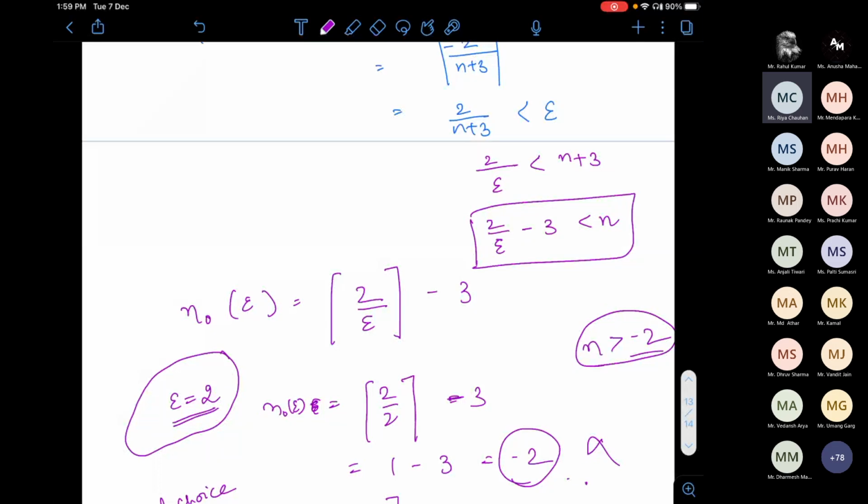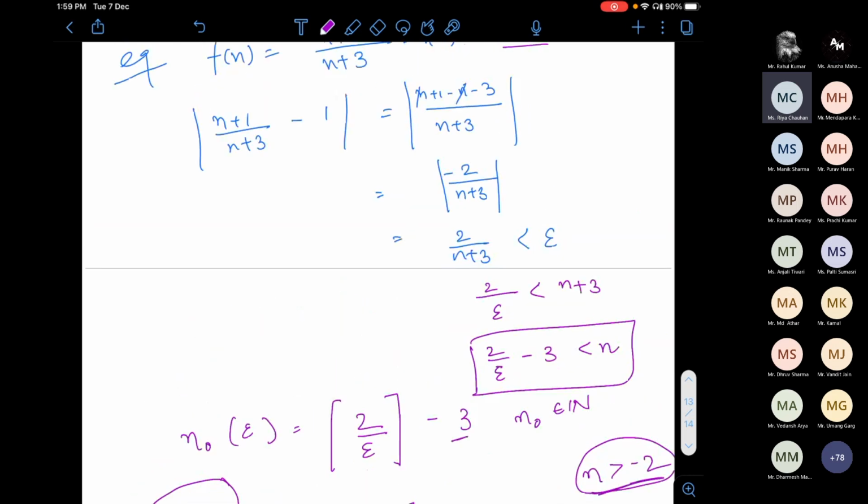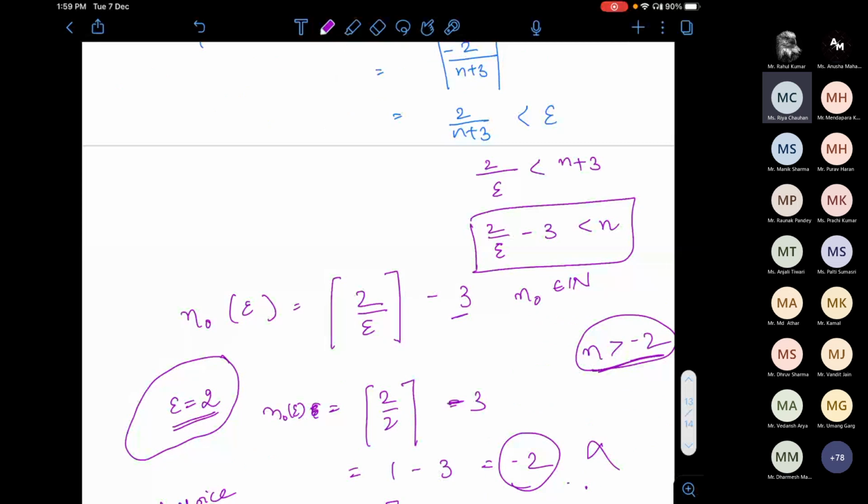But when you write this, your choice of n naught also belongs to natural numbers. So any value of n will work here, but to write some value of n naught which is a natural number, I have to take at least one, like n naught to be 1. Yes, ma'am. As n naught is the least value, we will take 1.